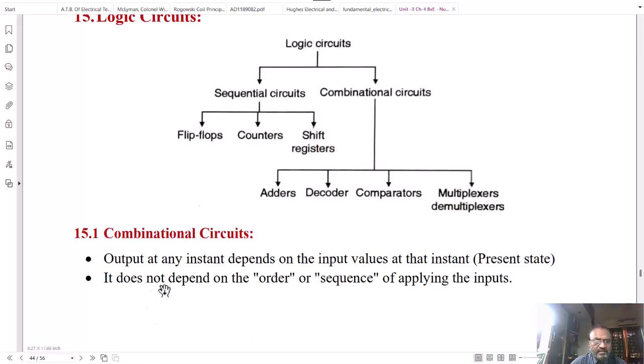Now let us see what a combinational circuit is. A combinational circuit is the circuit in which the output of the logic circuit depends on the values of input at that point of instant, that is, the present state.